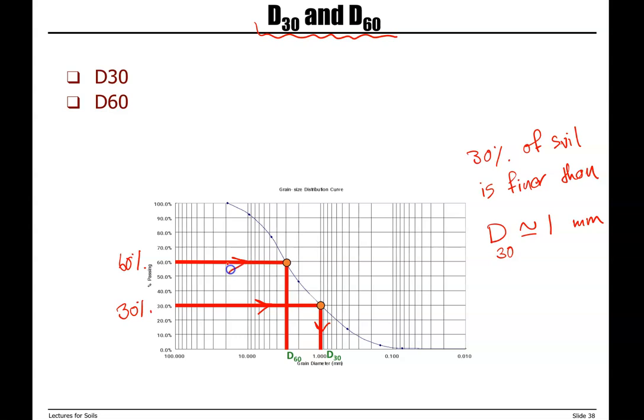go to the gradation curve, and then downward until you get to the grain diameter axis. So we have 1, 2, 3.